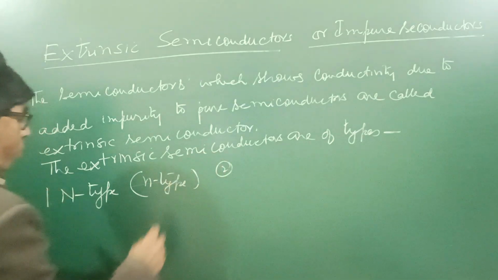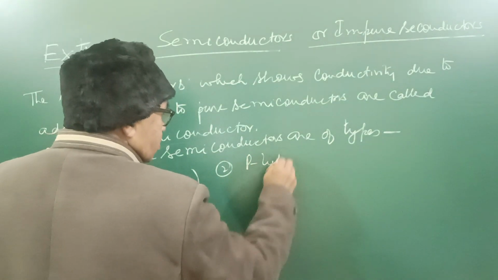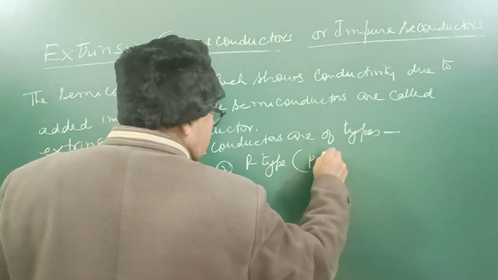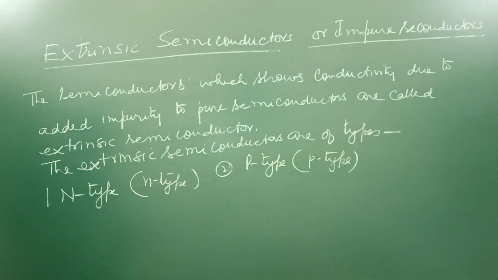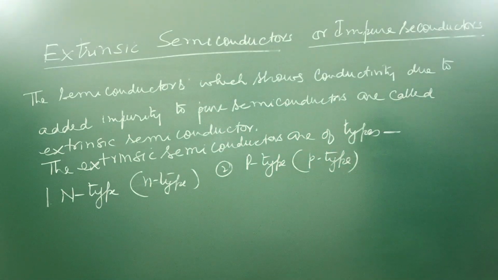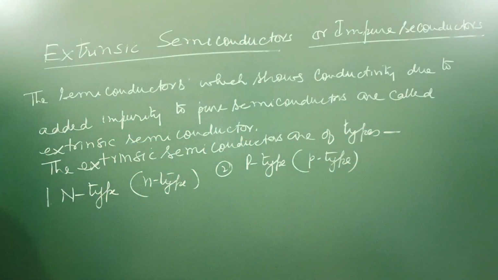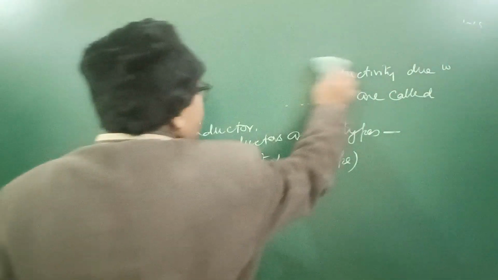And number two, P type. We will write also P type. Now, how are they obtained? Actually, how the doping is done, I will discuss, and when we obtain N type or P type semiconductor. So first I will take N type semiconductor.